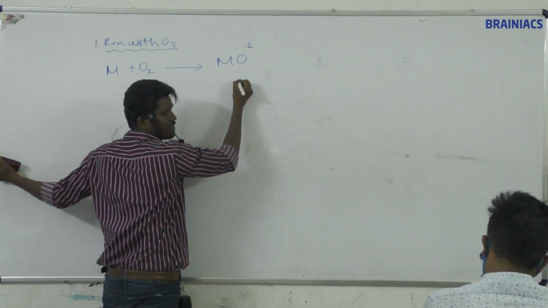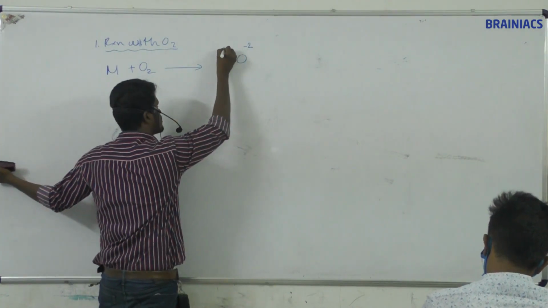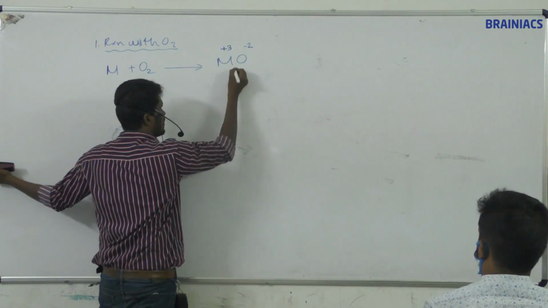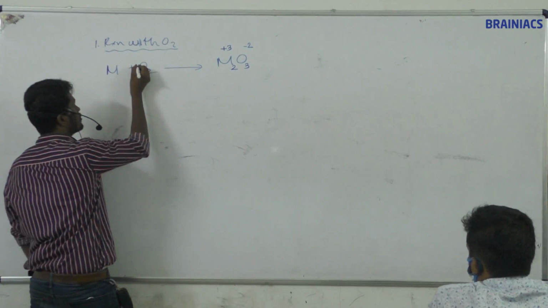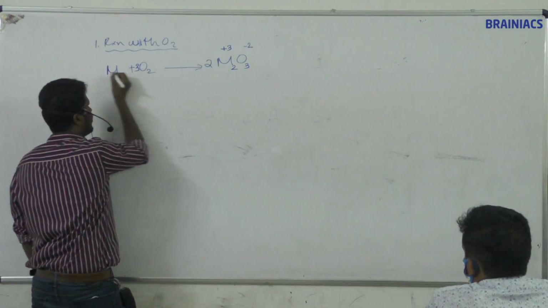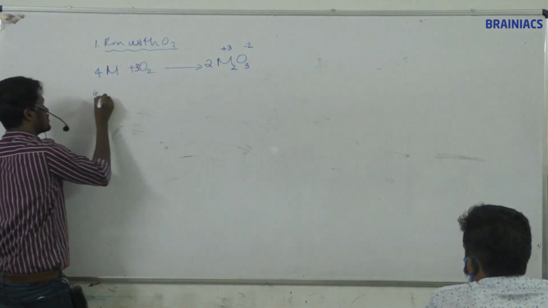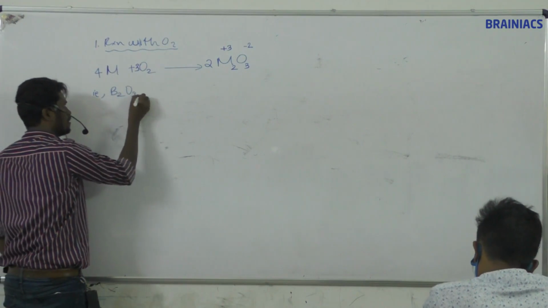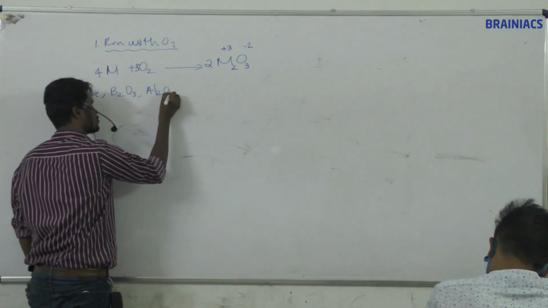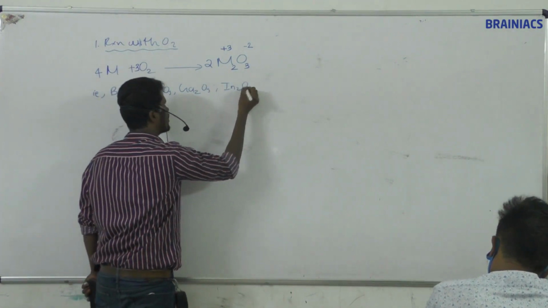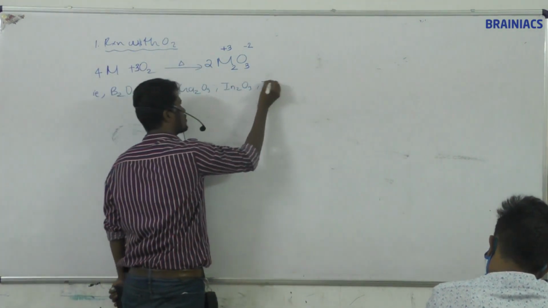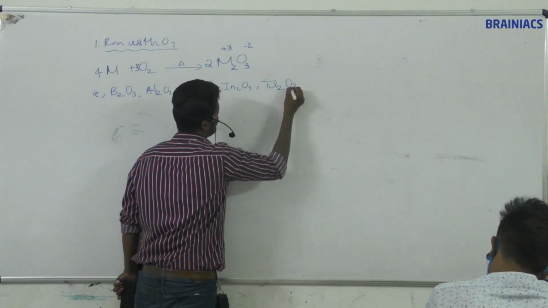The charge of oxygen is -2, the charge of the boron family is +3, so the compound formed will be M2O3. That is B2O3, Al2O3, Ga2O3, In2O3 at high temperature, and also Tl2O3.